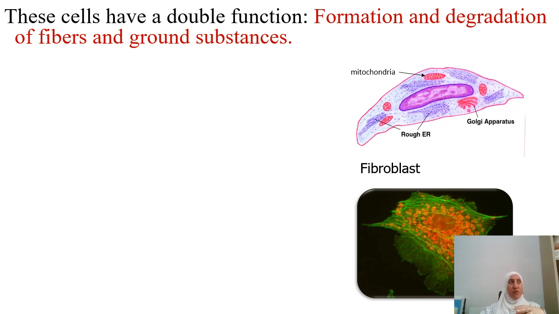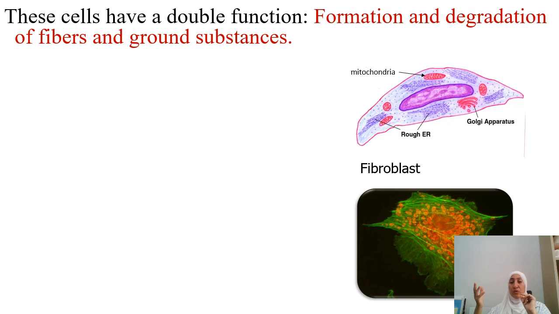We have all of the time connective tissue cells that perform a formative function that couldn't perform the degradation function, such as osteoblast. Osteoblast forms bone, while if we need to remove this bone, we have osteoclast. We have odontoblast. If we have to resorb the root, we have clastic cells.